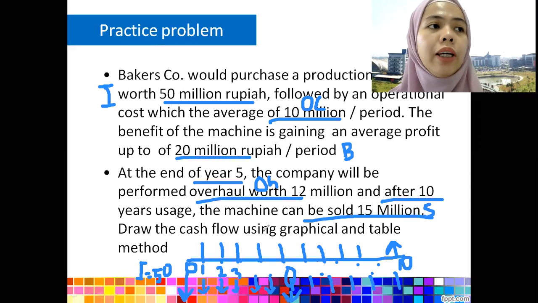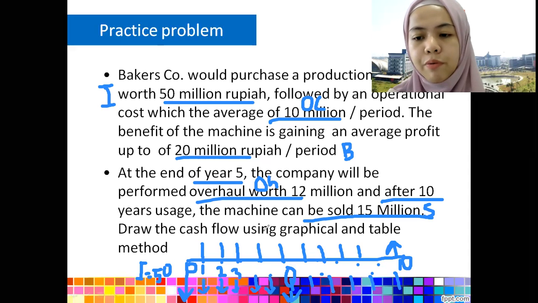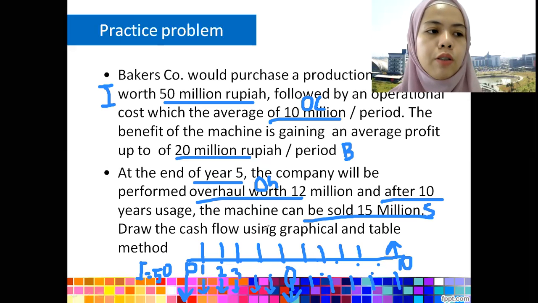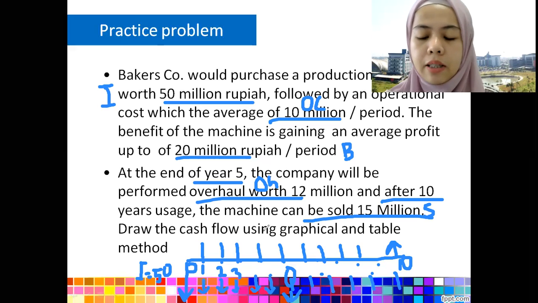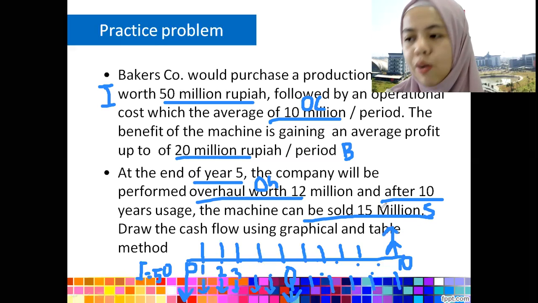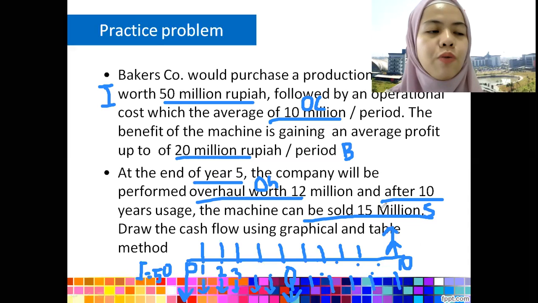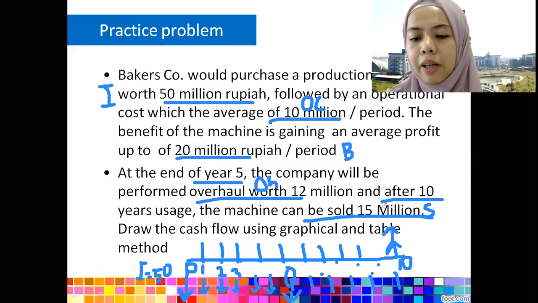It means we gain some earnings from salvage value. The market will pay an amount of money for our remaining asset. So just put it at the last period, which is the terminal cash flow. The other name for salvage value or residual value is terminal cash flow, which is 15 million.